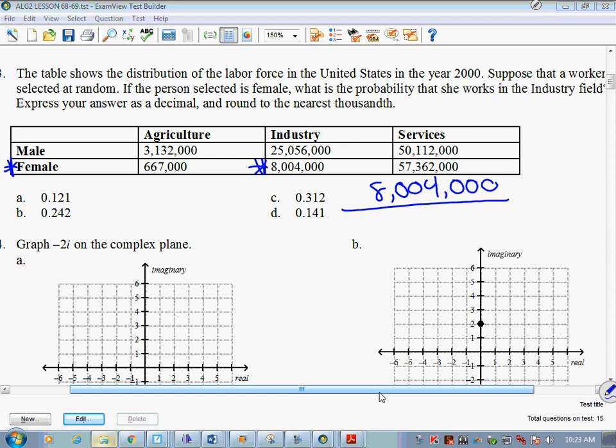Well, for sake of time, I'm going to tell you. We should get 66,033,000. Somebody check my answer here, make sure I'm right. All right, so 66,033,000. We want to take 8,004,000 and divide it by 66,033,000.